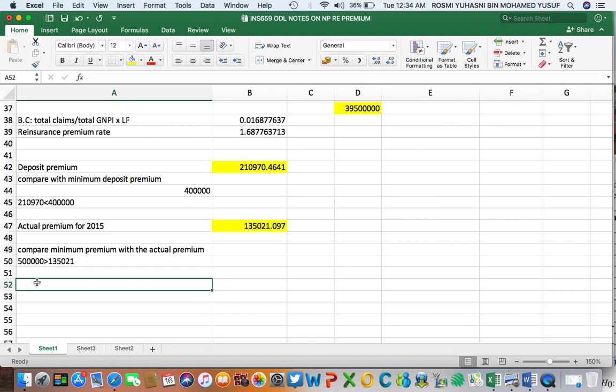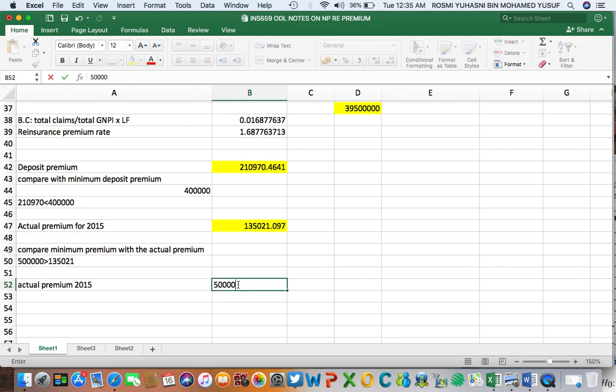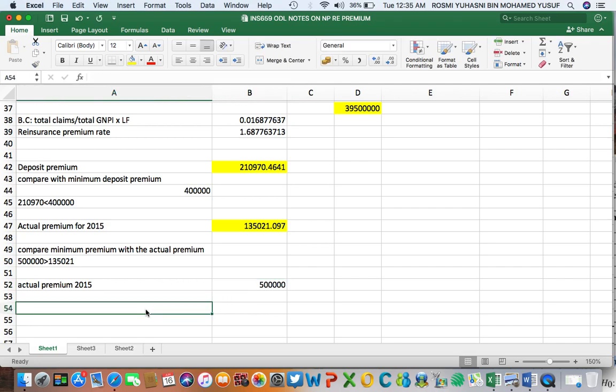So the actual premium for 2015 is actually 500,000, not 135,000. 135,000 cannot be the actual premium because it is less than the minimum premium. So the actual premium for the year 2015 is 500,000.